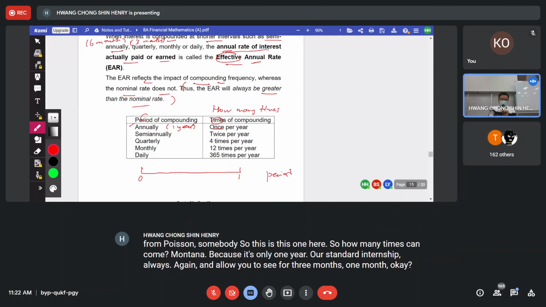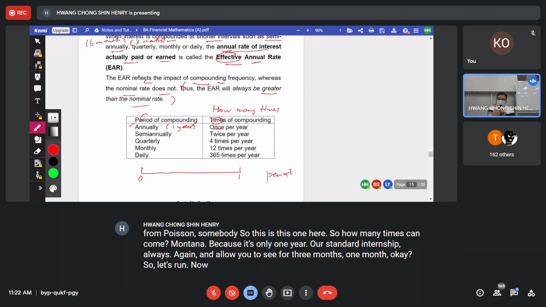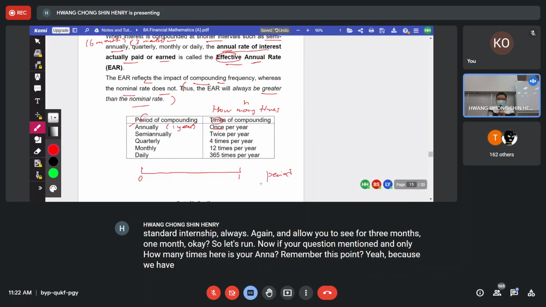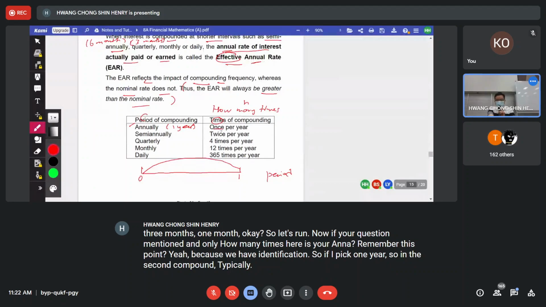Okay, so let's learn. If your question mentioned annually, how many times here means your n? Remember the small n? Yeah, listen carefully. I don't want everyone to get confused. So if I take 1 year, how many times can I compound? 1 kali. So your n is what? 1.